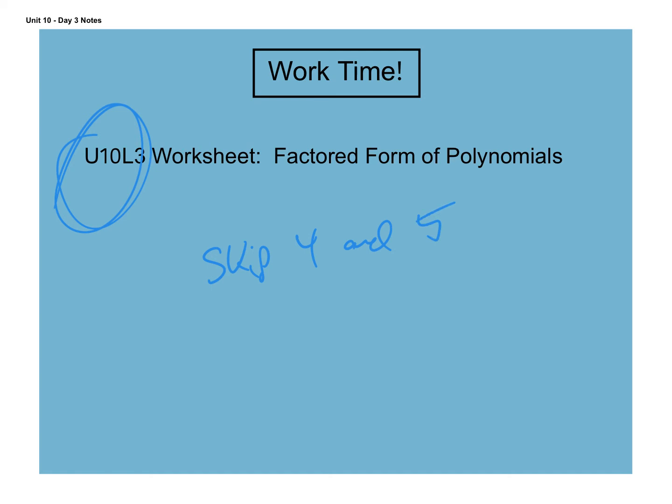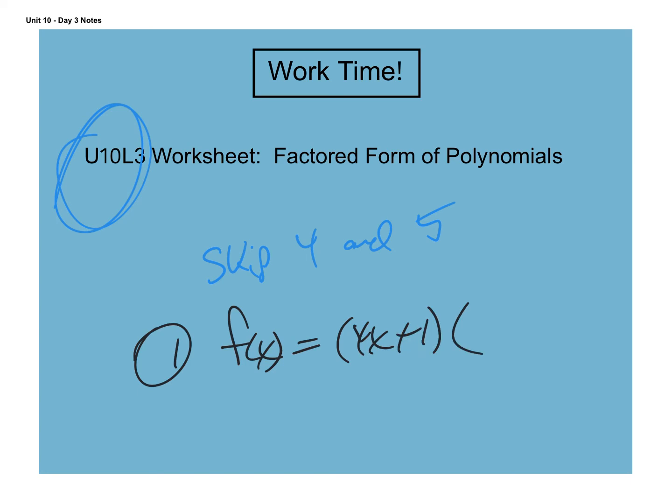So let's get started with number 1. Number 1 looks like this. F of x, which is the same thing as y, is 4x plus 1 and 2x minus 1. Dang it, I have to multiply it out. But that's the whole point of today. You can do this.